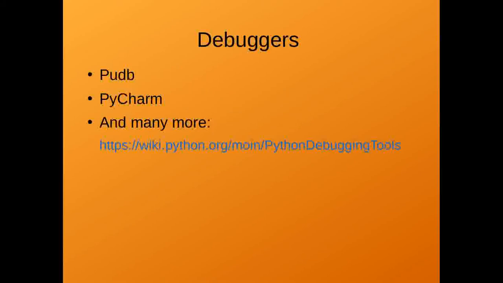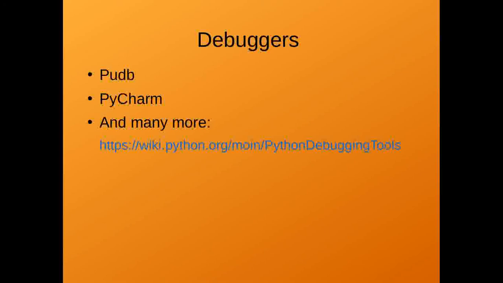Python debuggers. Of course, PyCharm has a debugger plugged into it. It supports remote debugging, which can be nice. I usually use PuDB, which is the Python urwid debugger, which is basically an ncurses GUI. So you can run it without X forwarding, without any X11 libraries installed. All you really need is SSH.